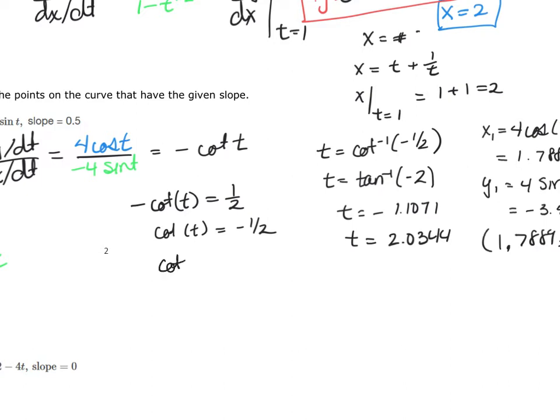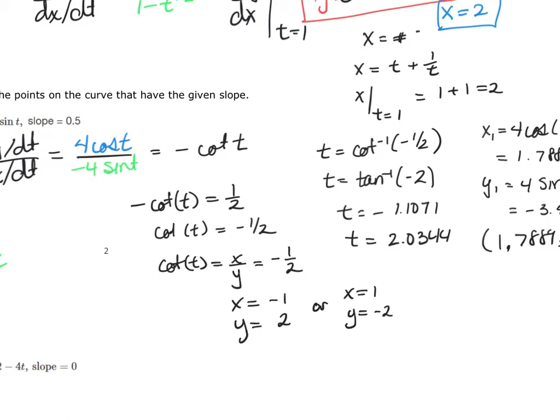The cotangent of t is the same thing as my x value over my y value. So that gives me negative 1/2. That tells me that x is possibly negative 1 and y is possibly 2, or x is positive 1/2 and y is negative 2.